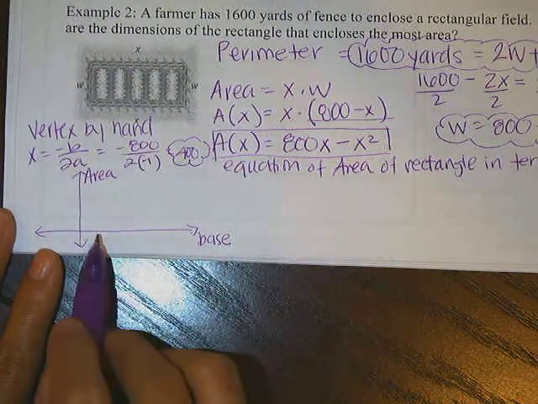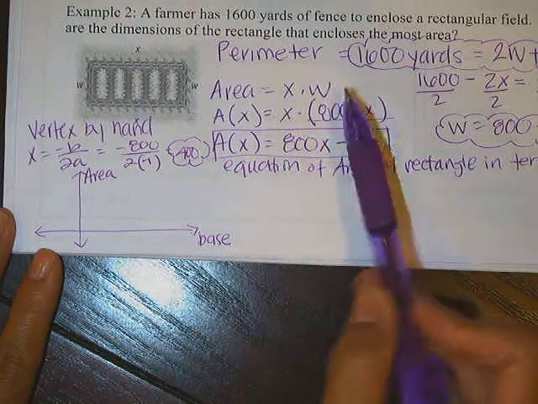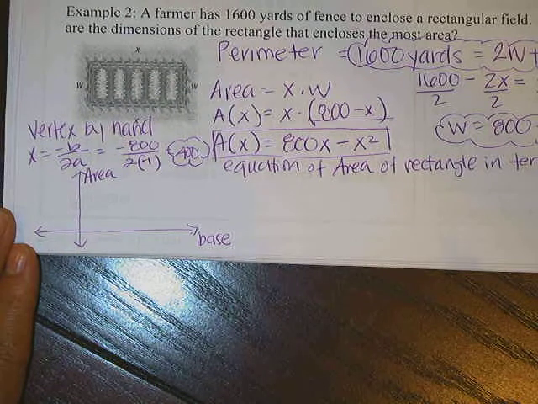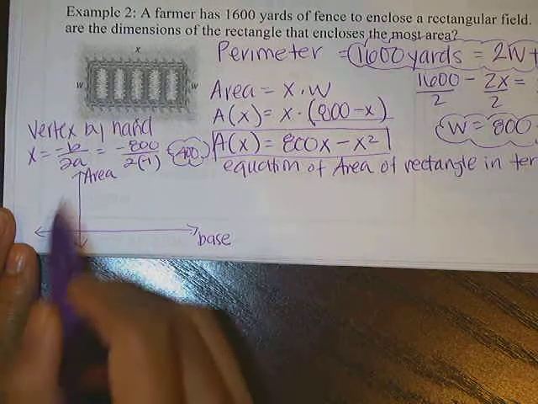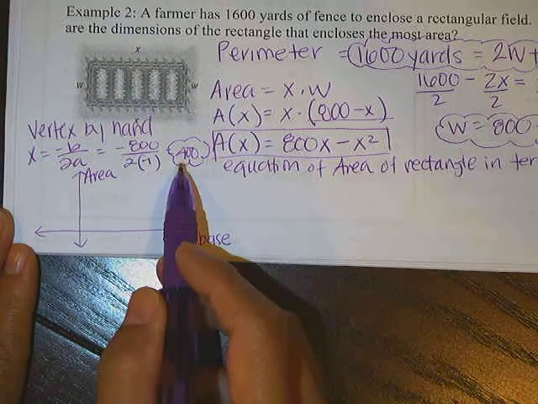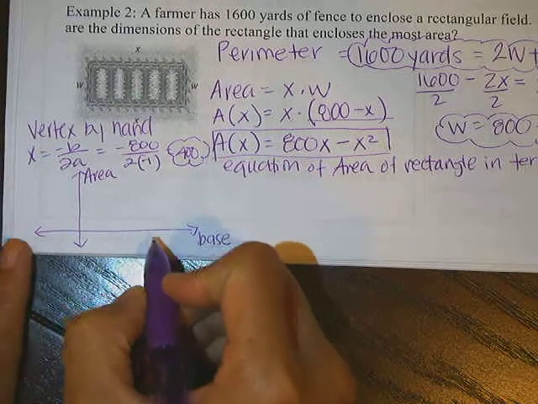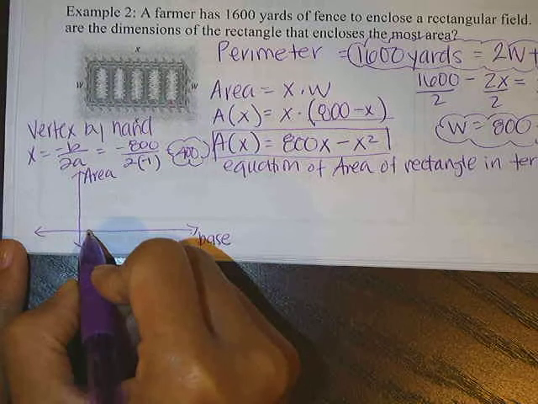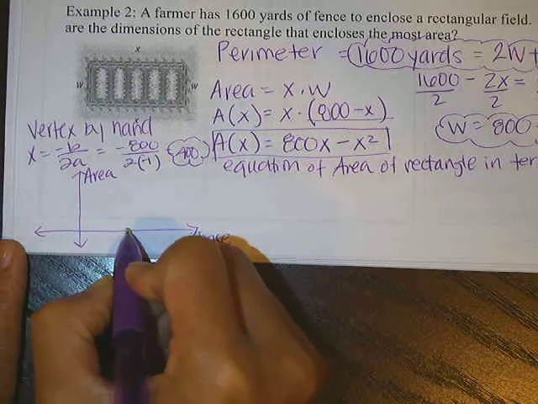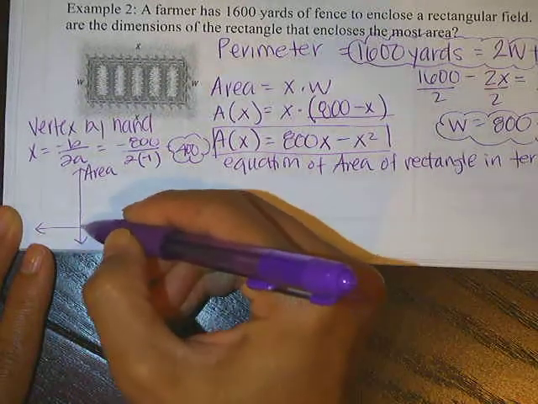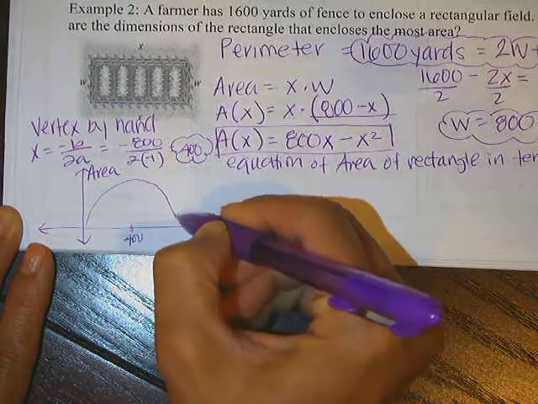Every word problem has a different context, so you have to label it based on the context that we're working with. So this is your base, this is your area. Right now, I know x is 400. So I'm going to put 400 in the middle, and we know it's a parabola opening down.